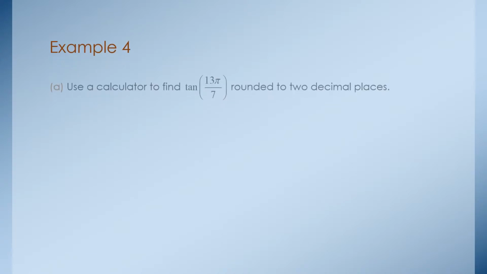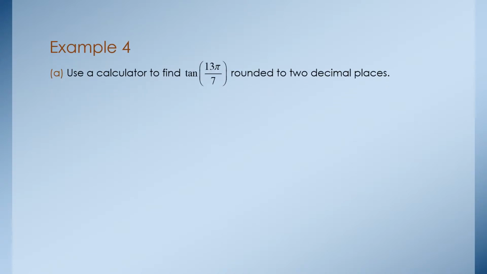Example 4. Use a calculator to find the tangent of 13 pi over 7 rounded to 2 decimal places. So using my calculator, the first thing I want to do is make sure that I'm in the right mode. Because the input of a tangent function represents an angle, and because this angle does not have any degree markers on it, I know that I must be in radian.